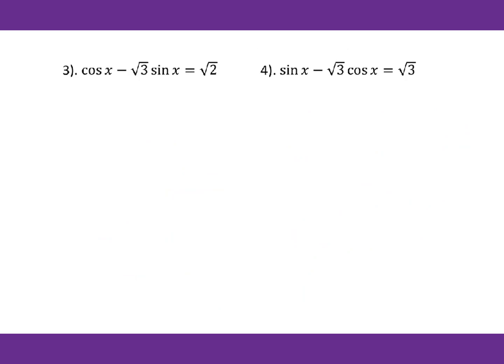Now let's go to number 3. Make sure A sin x pattern, and A is a positive number. Here's A, that's negative. That's why I change sign for everything. So we got the negative cosine x, positive square root of 3 sin x, and negative square root of 2. Let's rearrange.